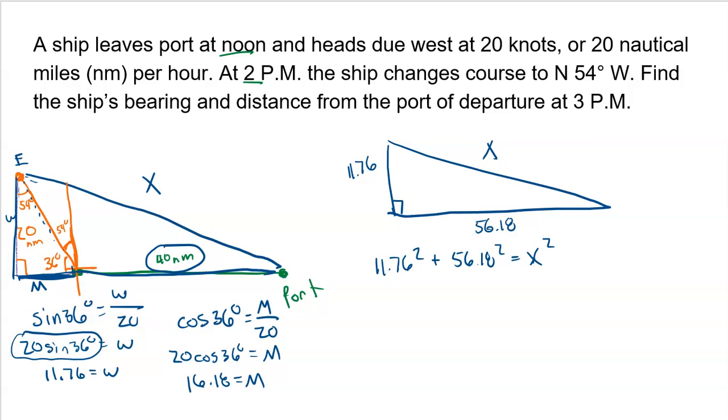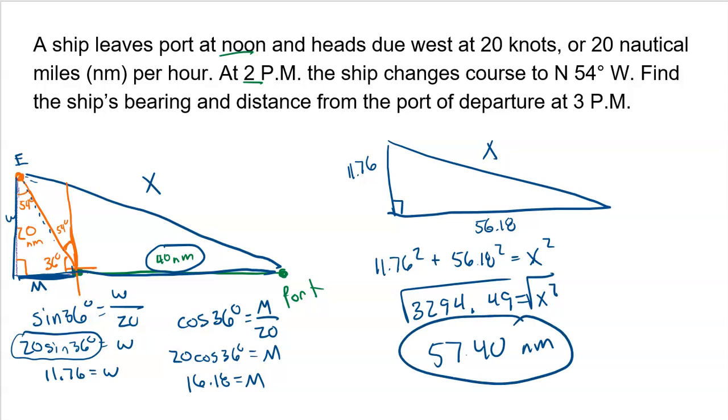So 11.76 squared plus 56.18 squared equals 3,294.49, which equals X squared. Take the square root to find X, and the square root of 3,294.49 is 57.40. So 57.40 nautical miles is the distance back to port.